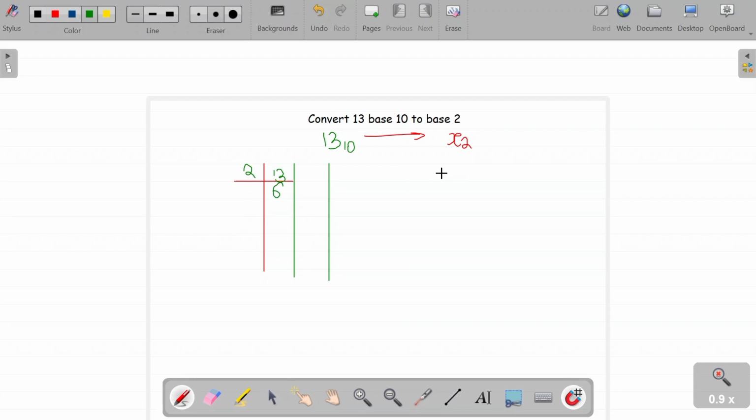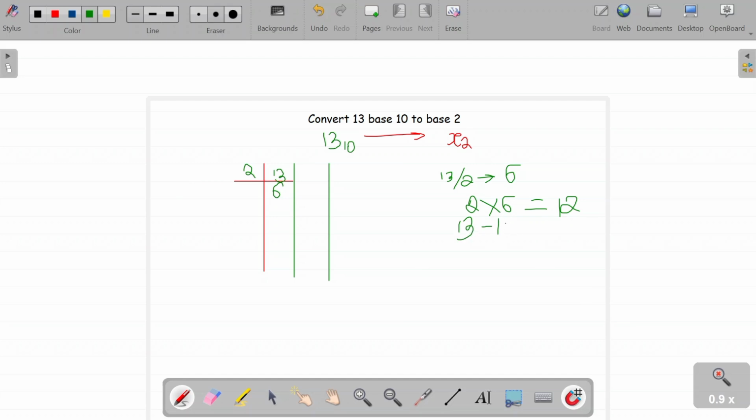So 13 divided by 2 will give you 6. But there's going to be a remainder because 2 times 6 is actually 12, in case you don't remember. And 12 is lesser than 13, so to get the remainder, we simply do 13 minus 12.